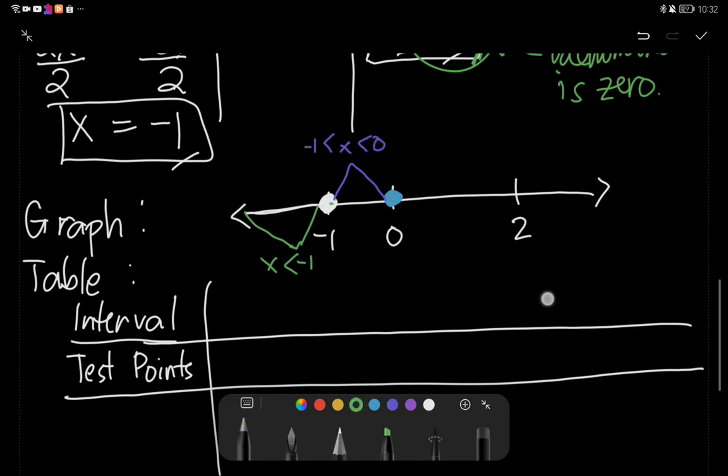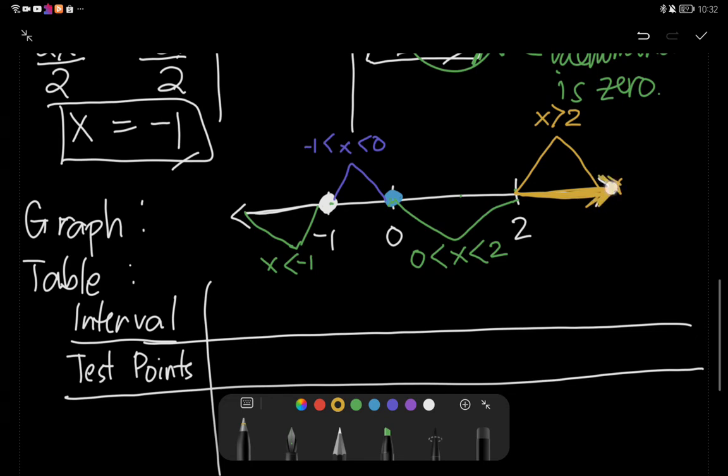Now, from 0 to positive 2, our interval is x greater than 0 but less than positive 2. So, x is here: it is bigger than 0, but smaller than positive 2. And the last interval we have is this one: x is greater than 2. The value of x goes beyond this, bigger than 2. It goes on without end because there is an arrow.